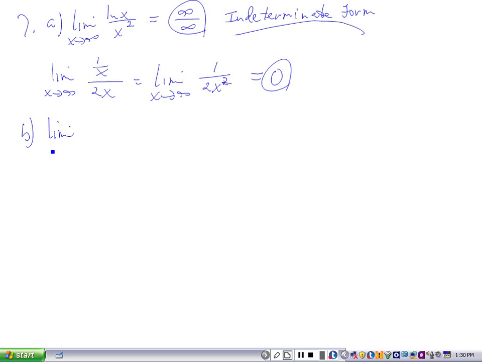Part B, the limit as x approaches 2 from the right of 1 over x squared minus 4 minus the square root of x minus 1 over x squared minus 4.